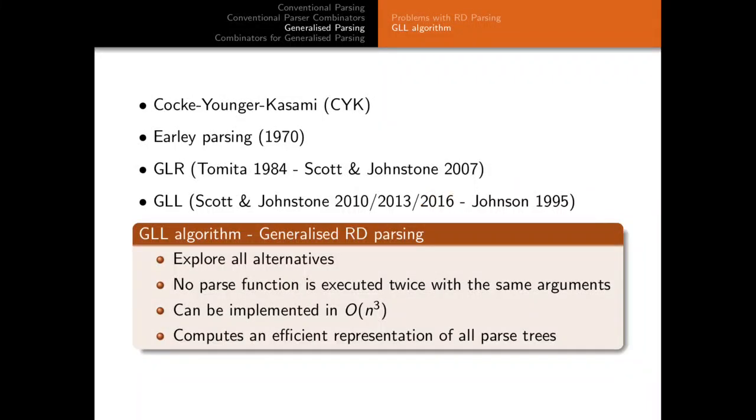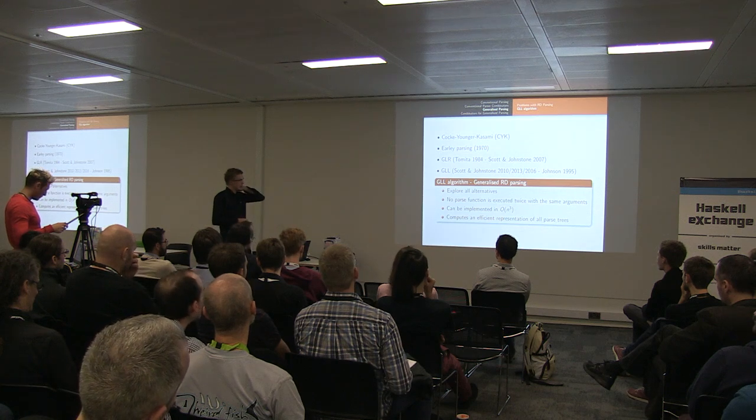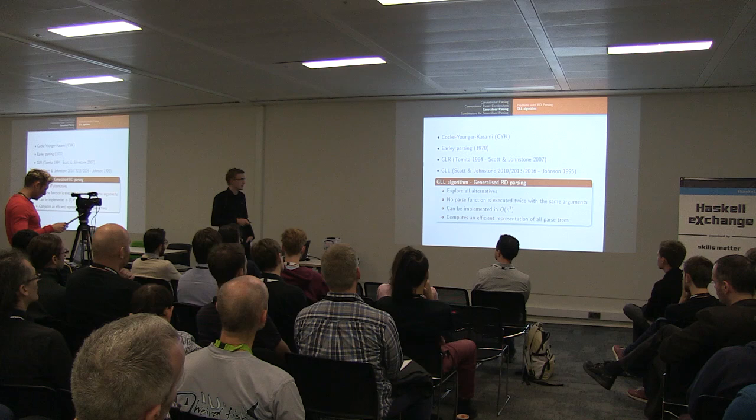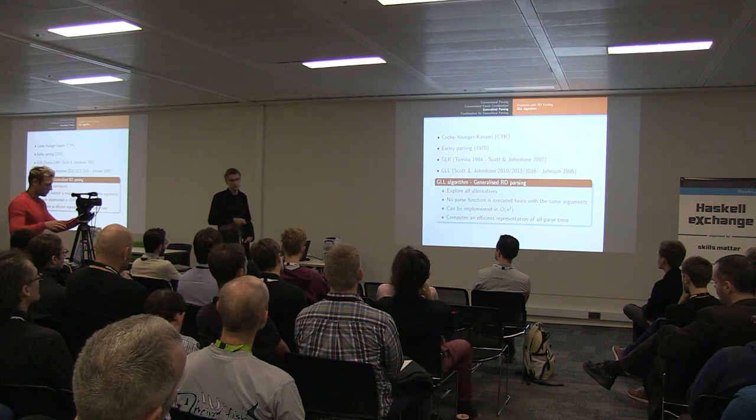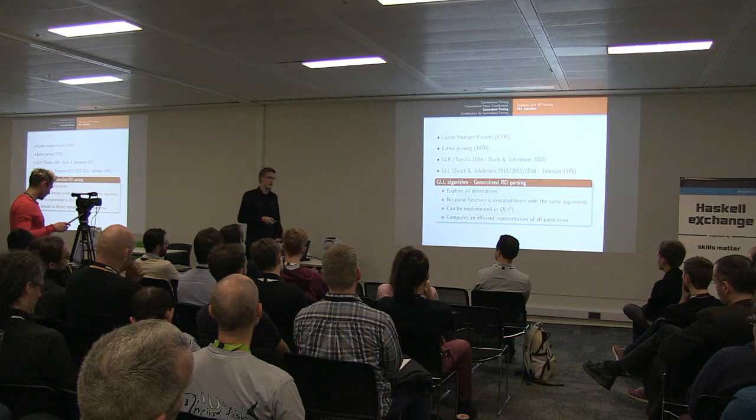Particularly I want to highlight the GLL algorithm, which is relatively new. And so the idea is we explore all alternatives, but we make sure that no parse function is executed with the same arguments multiple times, so only executed once. And if we do this and we use efficient data structures, then we can implement this algorithm such that its worst case runtime is cubic, and also its worst case space is cubic.